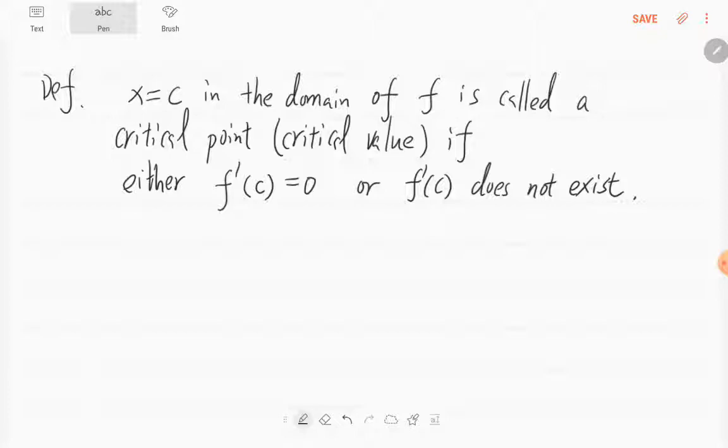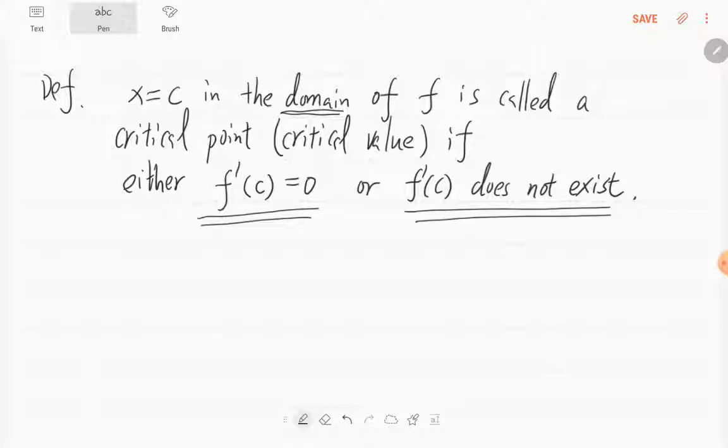Okay, so this is the definition. This c should be in the domain. Then either the derivative of f at c equals 0 or does not exist. Then we say this x equals c, this number c, is called a critical point or critical value.